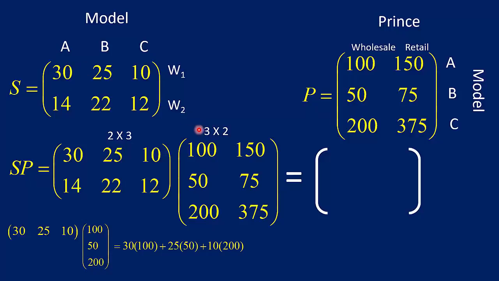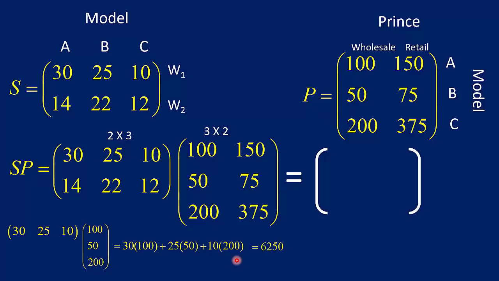See? 30 times 100, right? And then we've got 25 times 50. Well, that's the wholesale value of the product at warehouse 1 for model B. And then finally, 10 times 200, I'm sorry, 10 times 200, that is the wholesale value of the product for Model C at Warehouse 1.